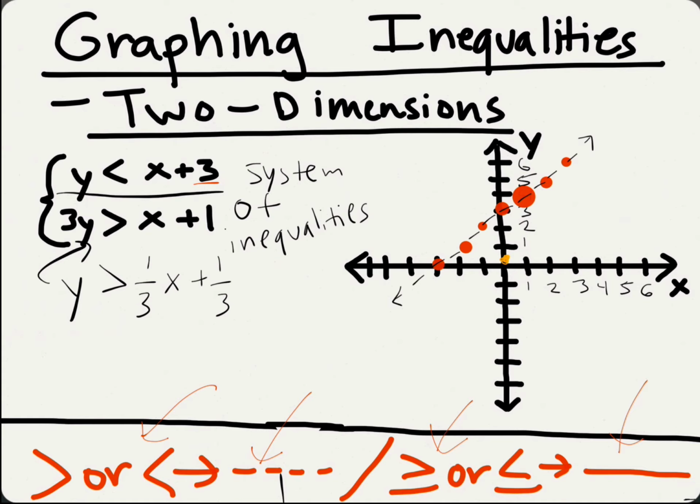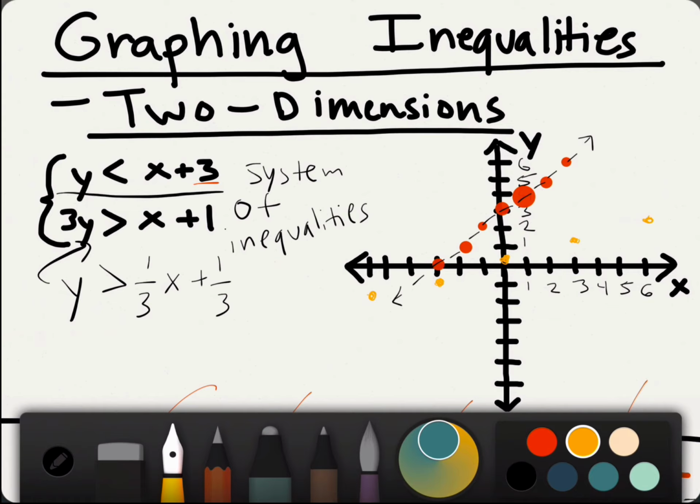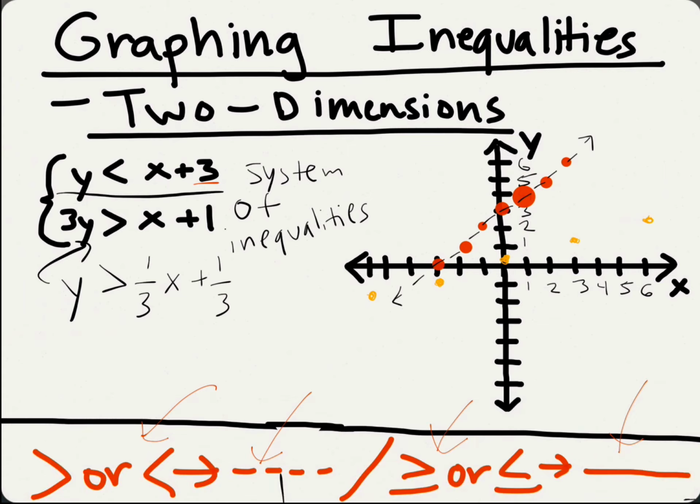So we're going to rise up 1 and go over 3: 1, 2, 3. Then we're going to go down 1 and over 3. And there's no equal sign, so this is also going to be a dotted line.